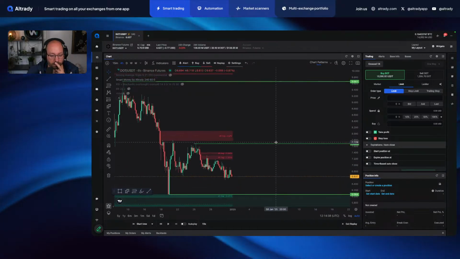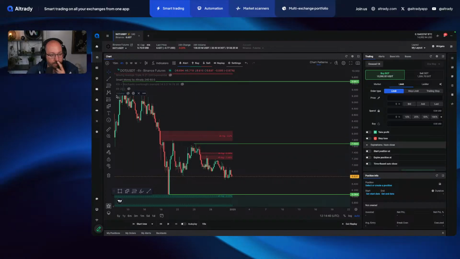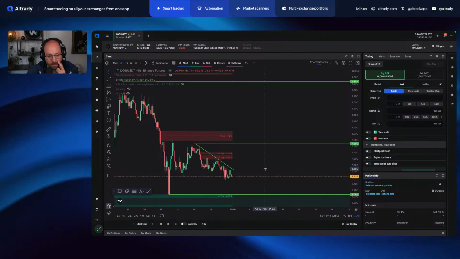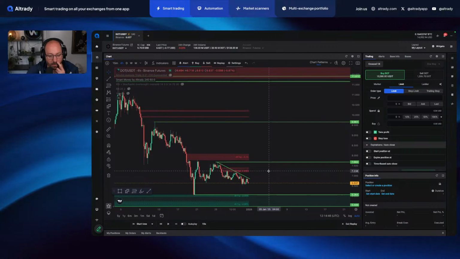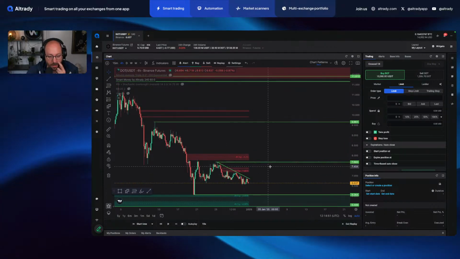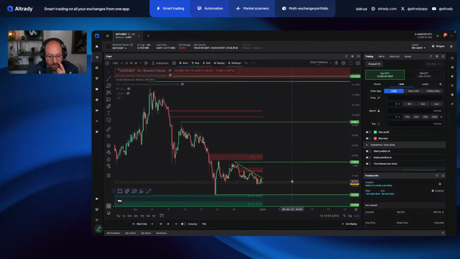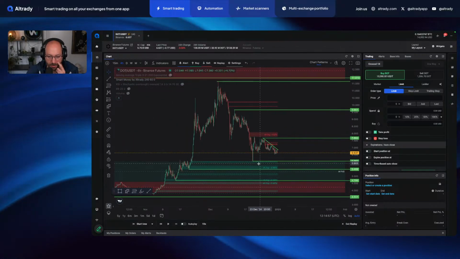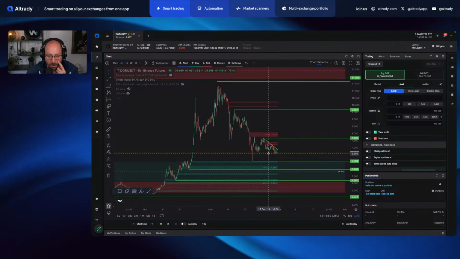Obviously, there's a lot of liquidity building here. That's nice compression. Exactly, which would indicate that at some point it's going to take out that liquidity and just move to this line, which we don't have that compression on this side.